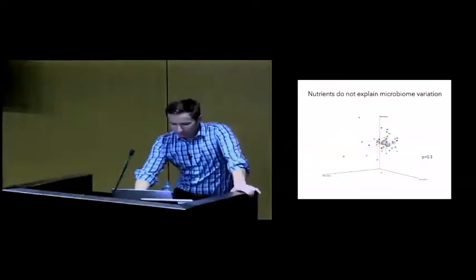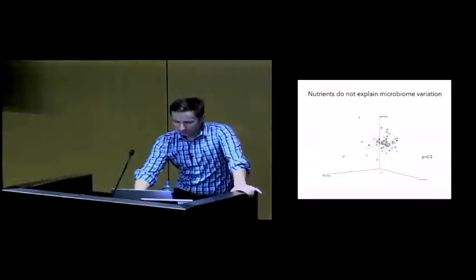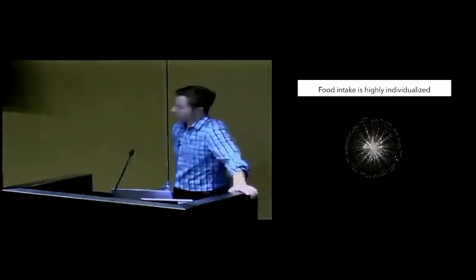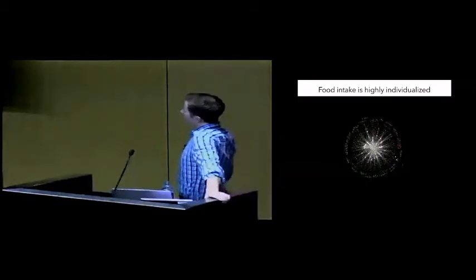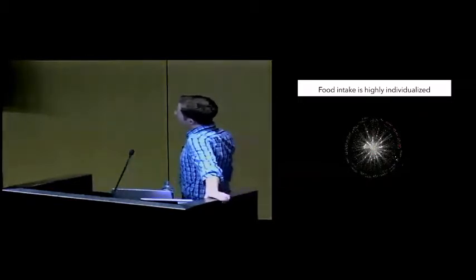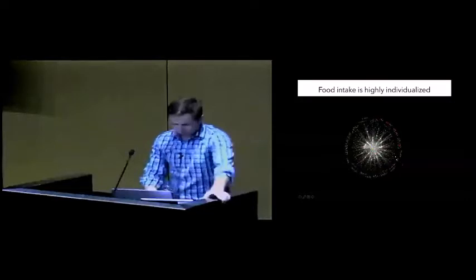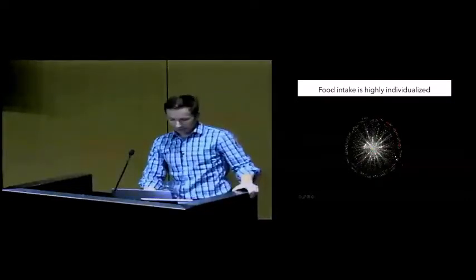And I'm going to show you a similar type of plot showing the food choice network. So this is a depiction of people and their food choices. The white dots are people, and then the colored dots are the foods they're eating.